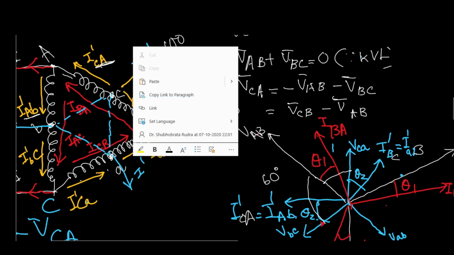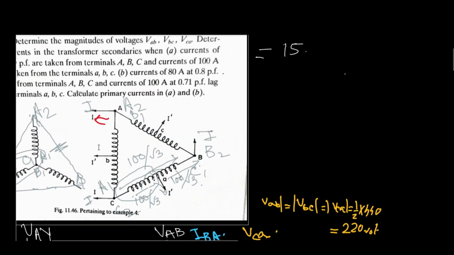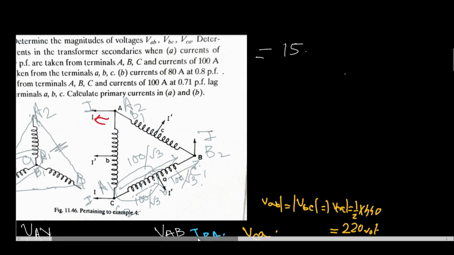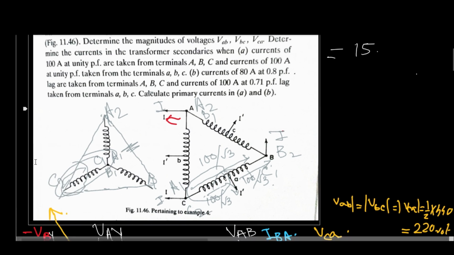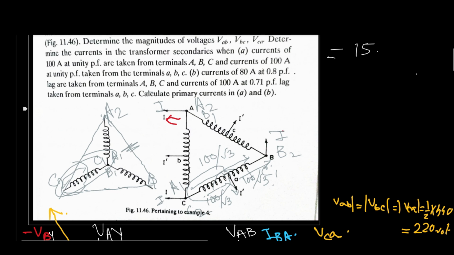You can ask me a question: sir, here it is N2 by 2, here it is N2 by 2, why are we not considering them? If this question haunts you, then try to understand that this N2 by 2, when you are considering the primary component, is being sensed by this one. But here if you consider this one, then it will be sensed by this one. So in this way you can understand.